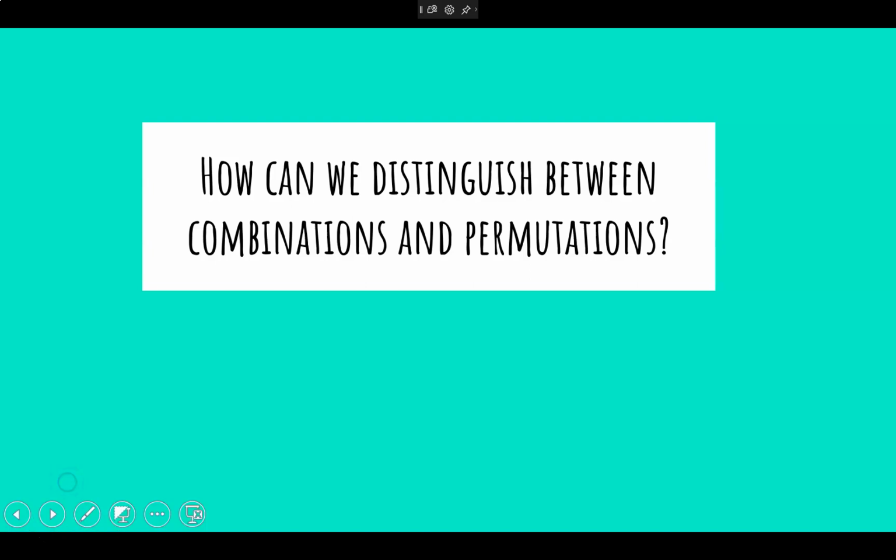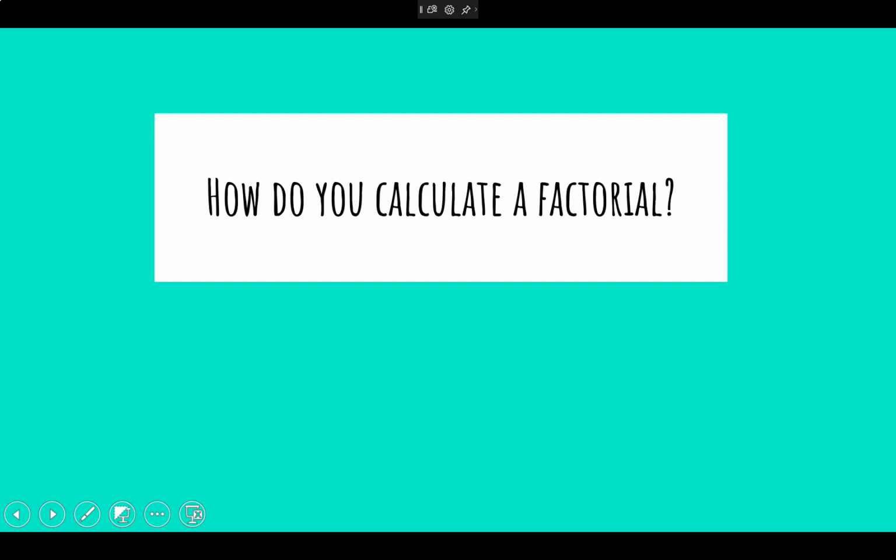Beautiful. All right, next question to talk about with your people, if you haven't already, is how do you calculate a factorial? Ready, set, talk. We know it's the exclamation point, but what does that mean?